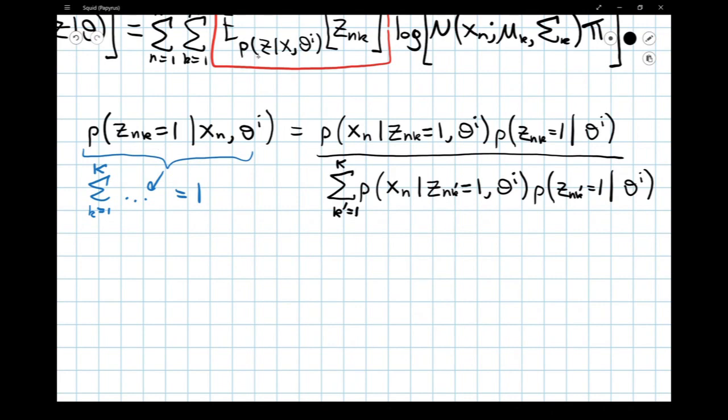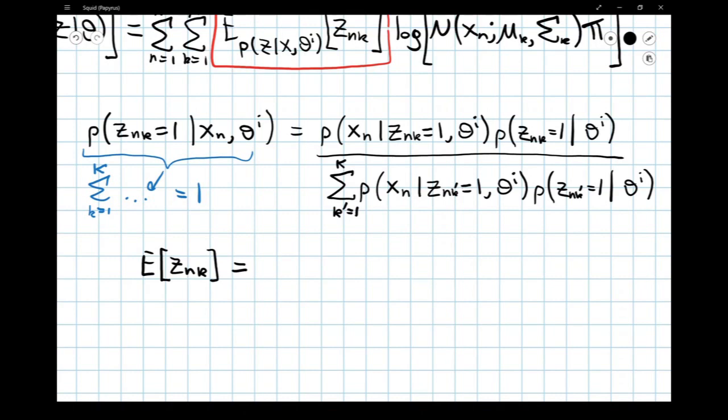So we've got this thing here. Now we need to calculate what the expected value of Znk will be with regards to this probability distribution. And actually this is quite easy, I'm sure you'll be glad to hear, because you can say the expected value of Znk is equal to, and so we sum over all the possible values that Znk can take.